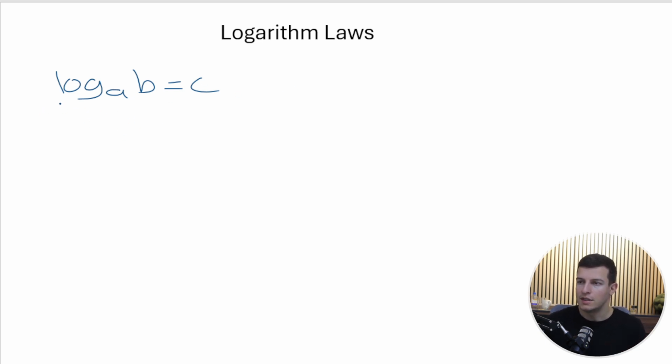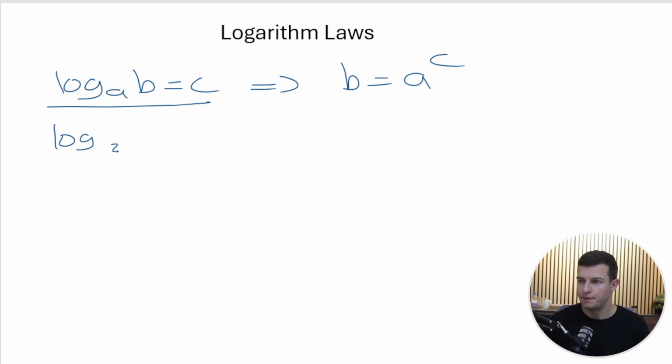Now, this is a log version. If we get rid of the log, B will become A to the power of C. Okay, so the one on the right side is without a log, as you can see, the exponent version, and the one on the left is with the log. So what is the example of that? Log base 2 of 8 is equal to 3, meaning 8 is equal to 2 to the power of 3.